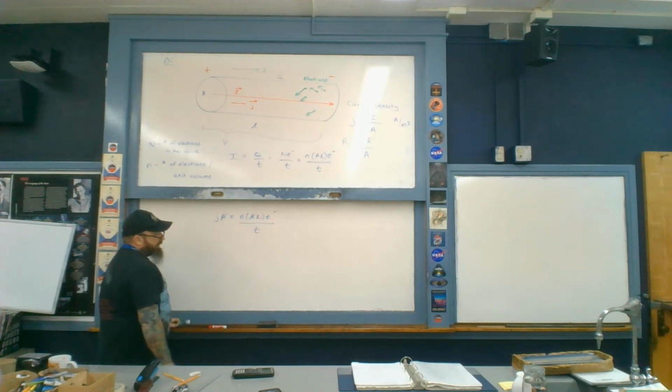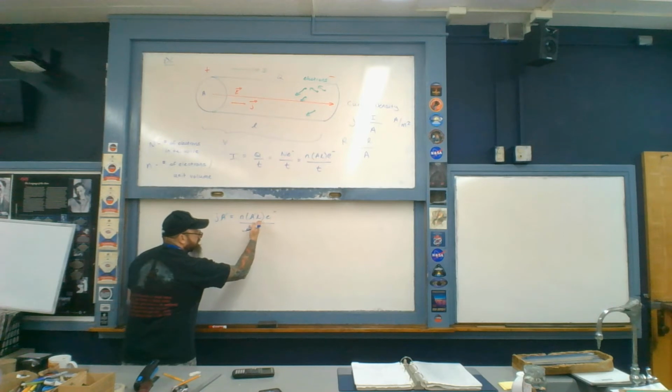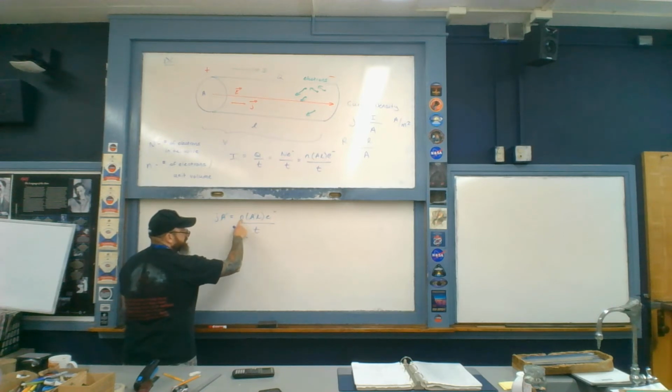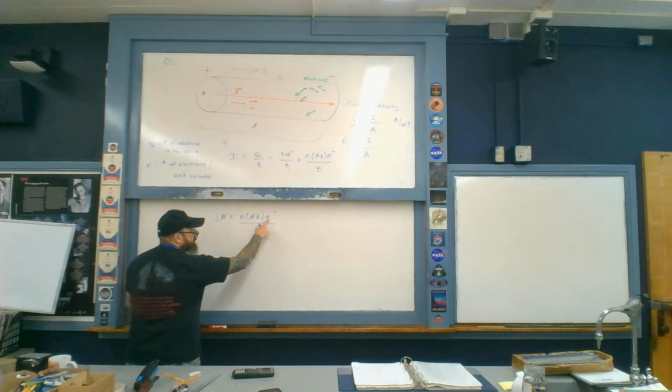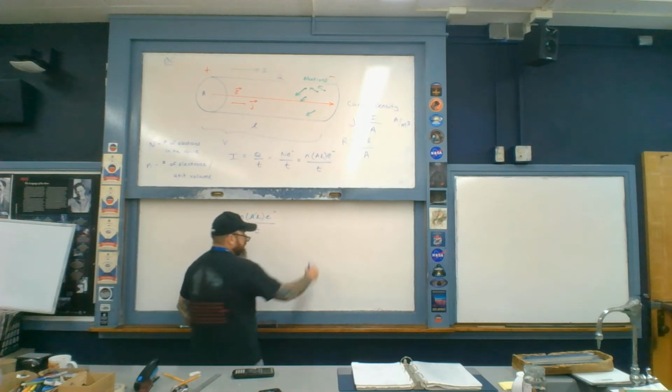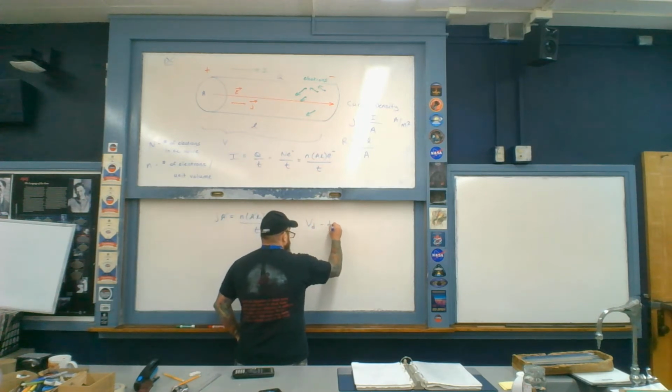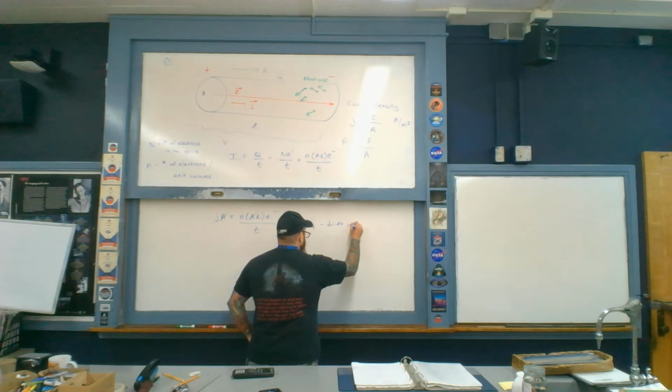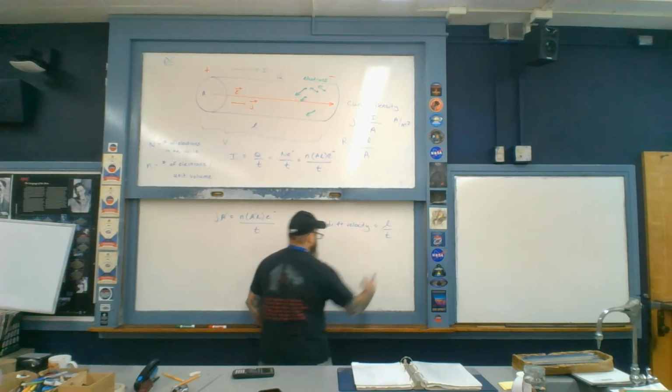Right here on the right-hand side, besides the number of electrons per unit volume and the charge of the electron, we essentially have a distance divided by time, L over t. That's the drift velocity, which we refer to as v sub d. So v sub d is the drift velocity, and it's just equal to that distance divided by time.